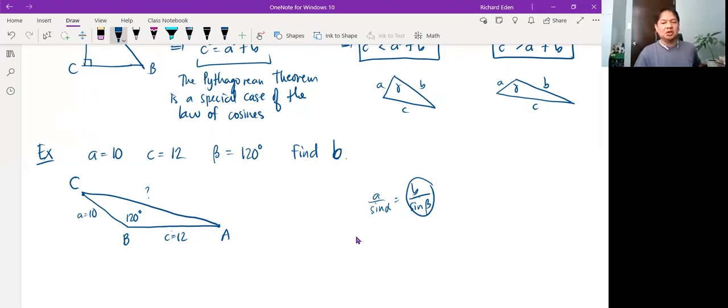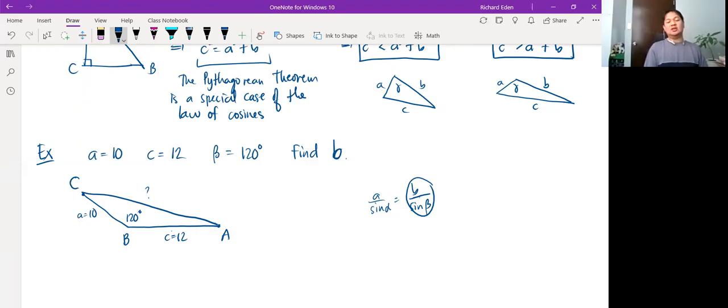So that means you need to have a pair of an angle and the opposite side. But in our situation, we don't have such a pair where the side and its opposite angle are known. I mean, A equals 10 is given, but we don't know angle A. C equal to 12 is given, but we don't know angle C. 120 degrees is given, but we don't know its opposite side, small b. So we cannot use the law of sines.